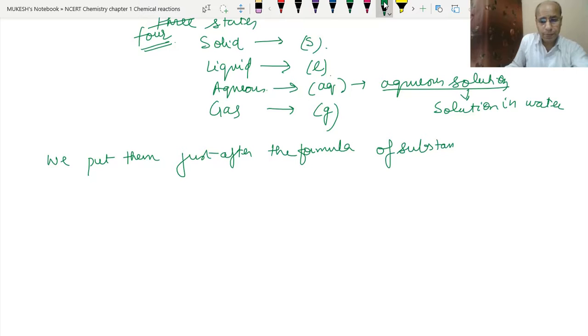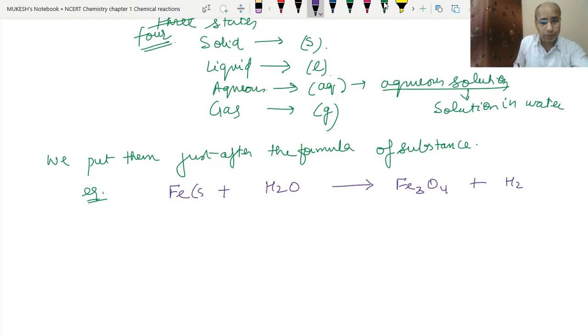Let's take an example. In our example, we had iron plus water giving Fe3O4 plus hydrogen. What form of iron is used? Solid, so we write S here, and balance it also: 3, 4 and 4.